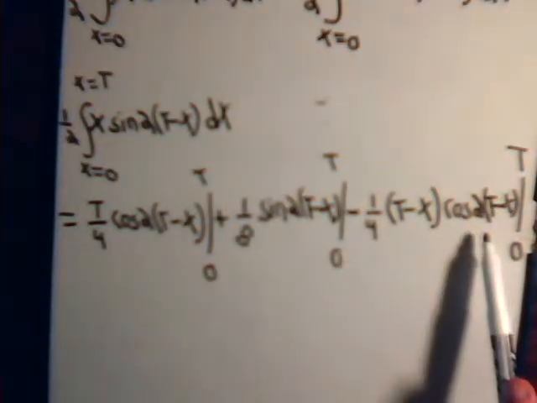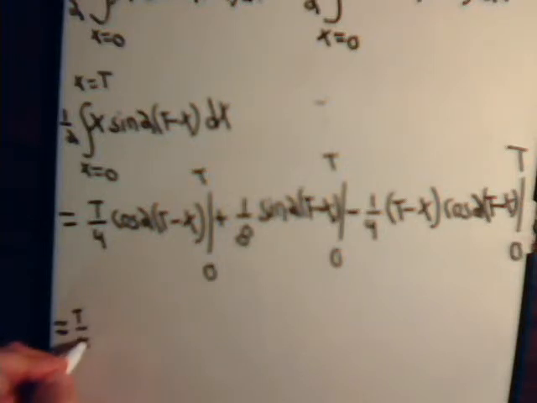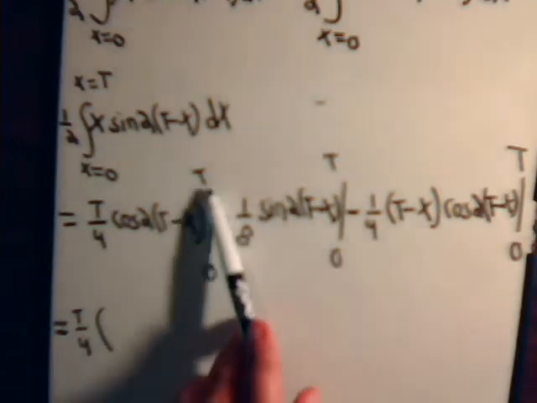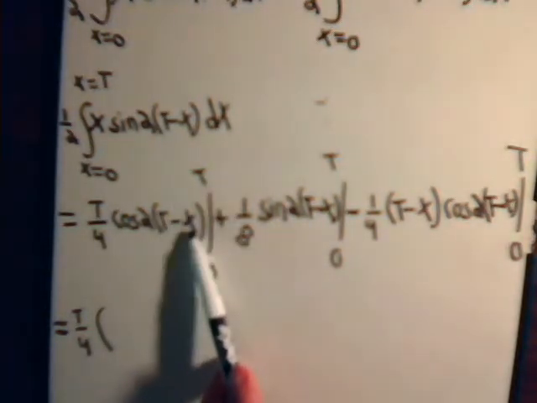Over here, we're going to have minus 1/4. It looks like we have some cancellations. Let's go ahead and put our limits in and see what we get in the end. So this will equal t over 4 times x equals t, x equals 0.